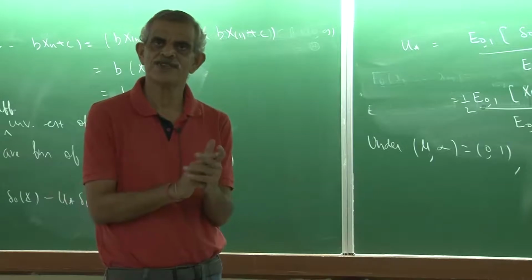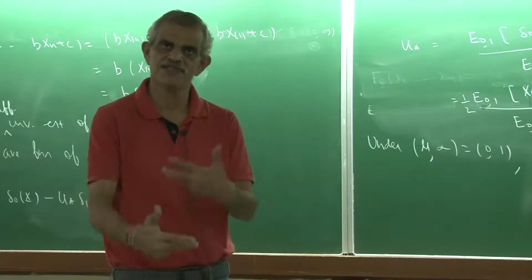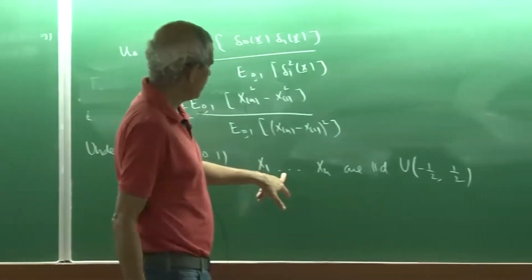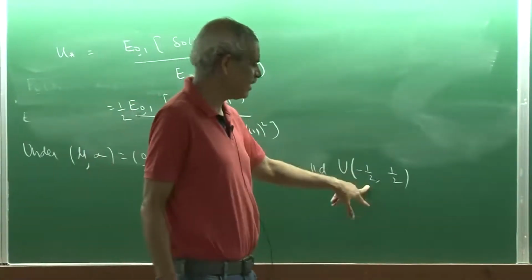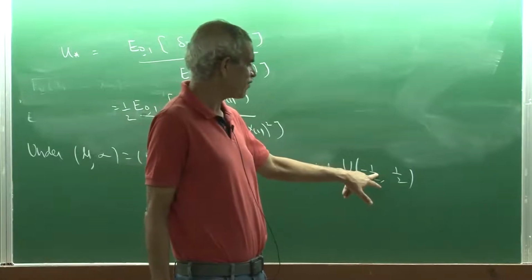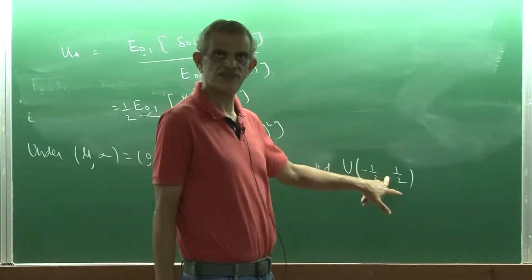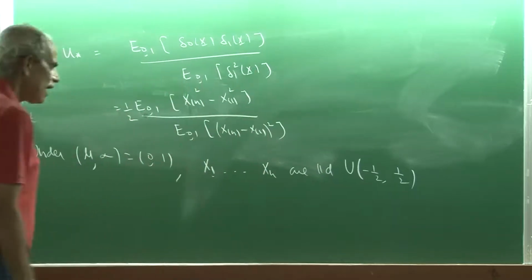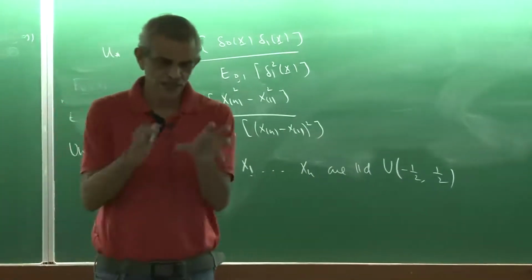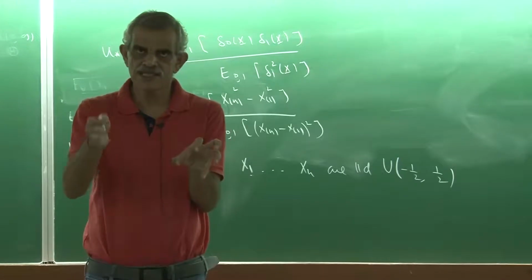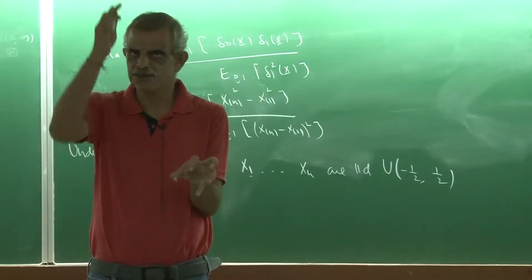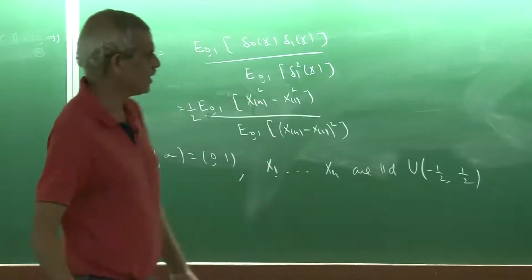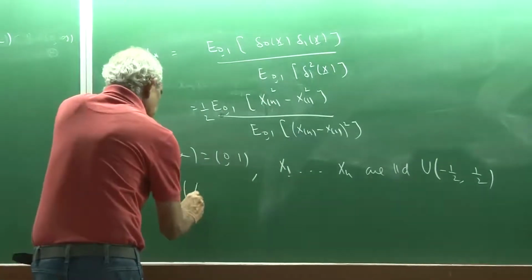So that means x1, x2, xn has the same distribution as minus x1, minus x2, minus xn. Because if you consider x1 as minus x1, the density is half only. If x was between minus half to half, minus x is also between minus half to half. So your PDF remains invariant. And because they are independent, their joint PDF is same as product of marginals, and product of marginal of xi is same as product of marginal of minus xi. So that means distribution of x1, x2, xn remains same as minus x1, minus x2, minus xn.